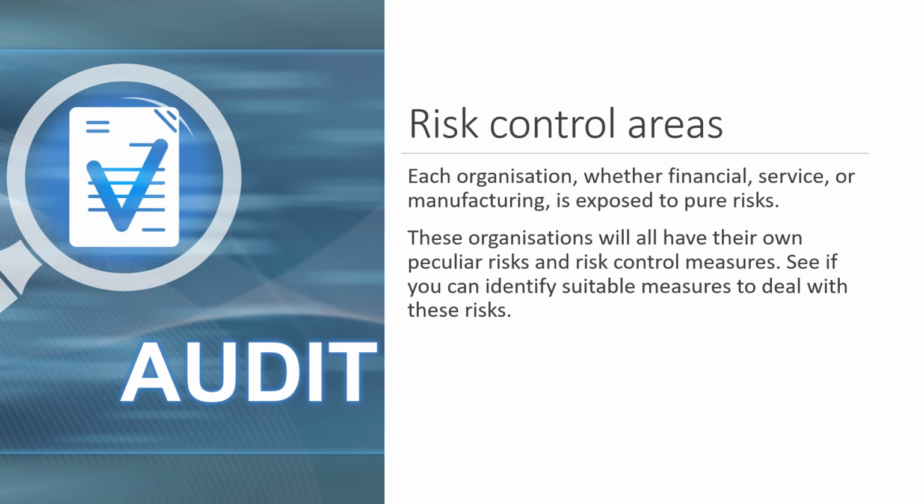Each organization, whether financial, service, or manufacturing, is exposed to pure risks. These organizations will all have their own peculiar risks and risk control measures. See if you can identify suitable measures to deal with these risks.